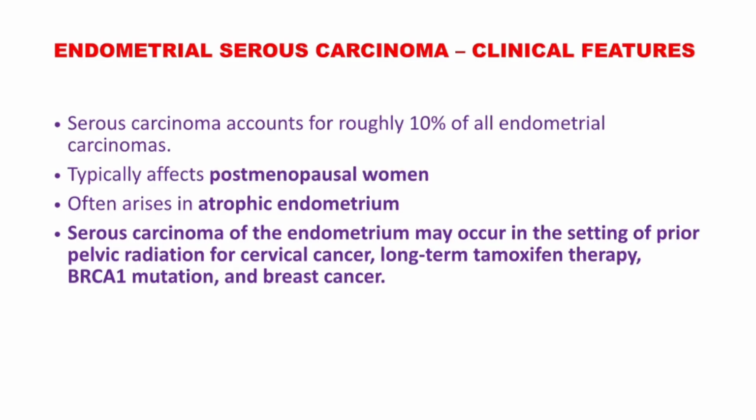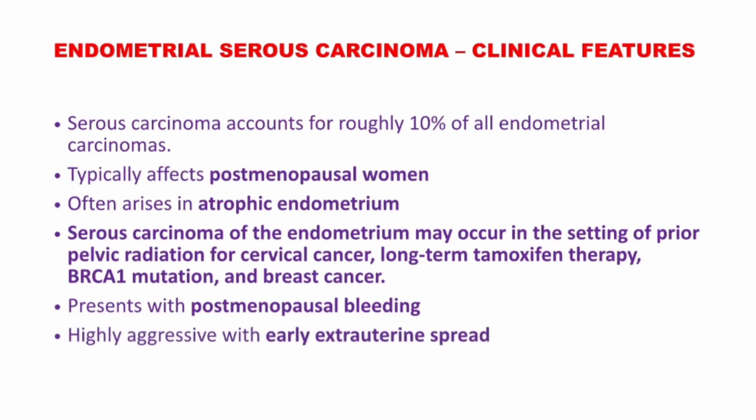This carcinoma may occur in the setting of prior pelvic radiation for cervical cancer, tamoxifen therapy for breast carcinoma, BRCA1 mutation and breast cancer. So, it generally presents with postmenopausal bleeding and is highly aggressive with early extrauterine spread, and its prognosis is poor.